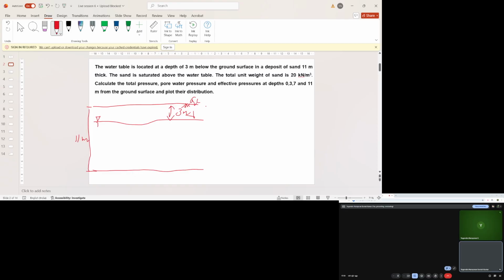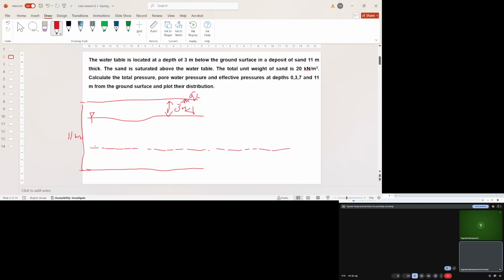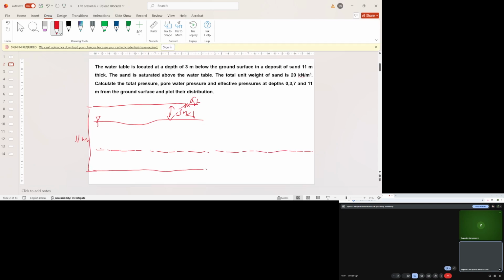So we need the stresses at depths of 0, 3 and 7 meters, and also at 11 meters.